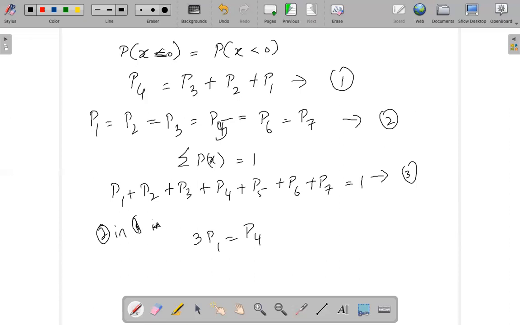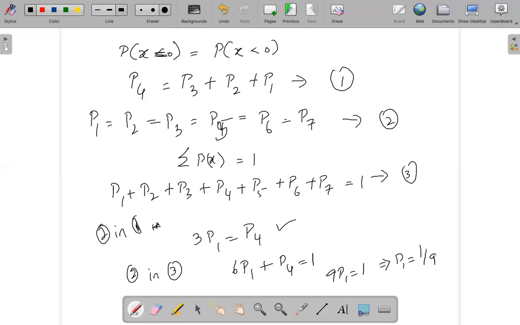And using 2 in 3, I'll get 6p1 plus p4 is equal to 1. But we know already p4 is 3p1. Let us substitute it. So I get 9p1 equal to 1. So p1 is equal to 1 by 9.